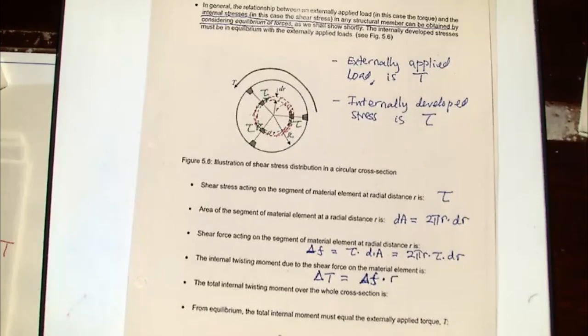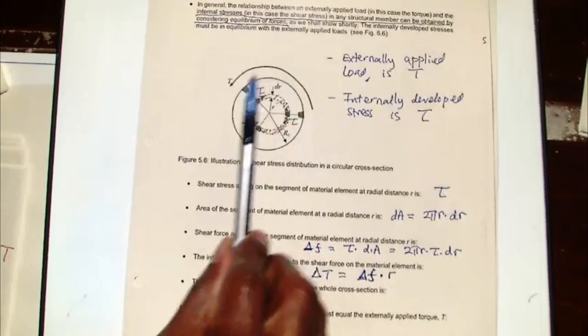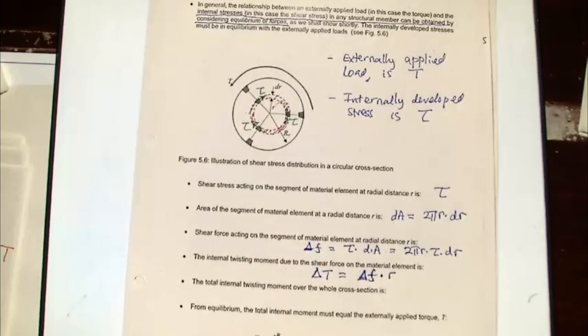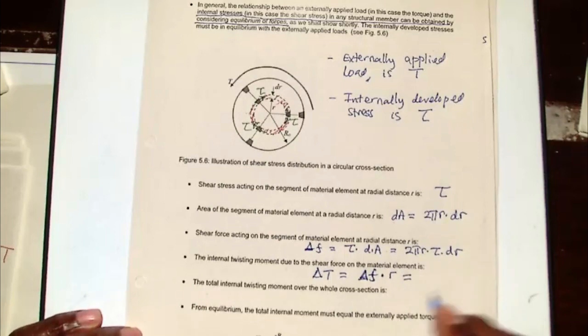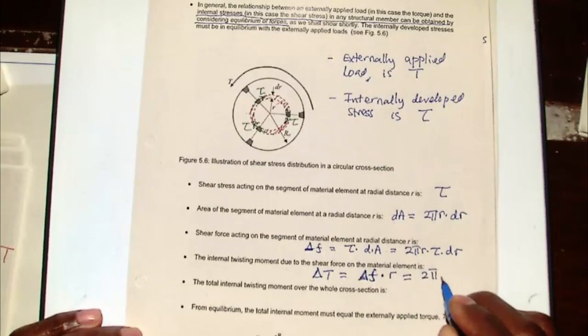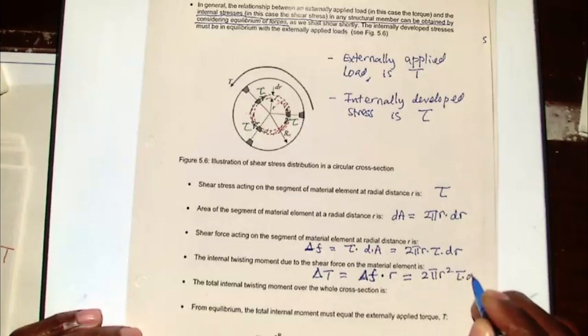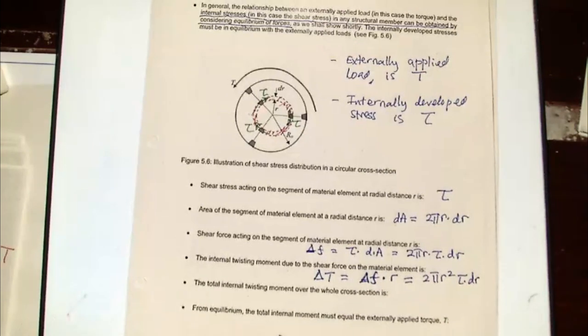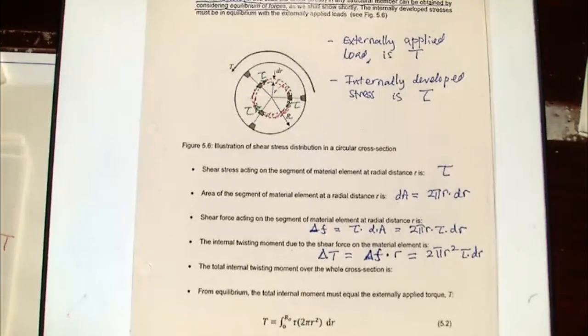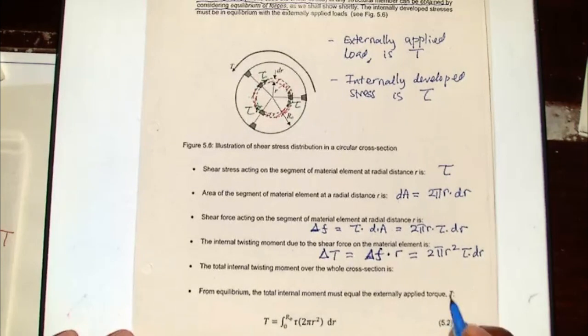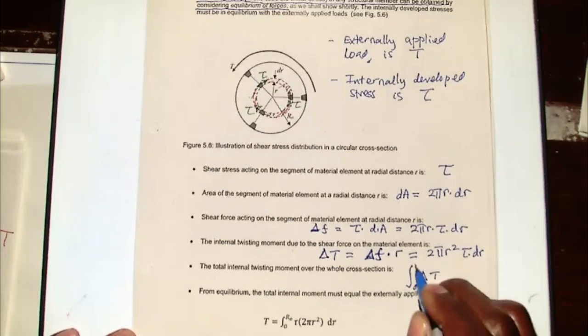But we're only looking at just one small ring of element. But we have the whole of that particular cross-section. In order to repeat the same thing for the whole cross-section, we then have to take the whole integral from the center to the surface. So I'm going to apply this as 2 pi r squared dr. So the total torque, therefore, will now be the integral of delta T from 0 to r naught.